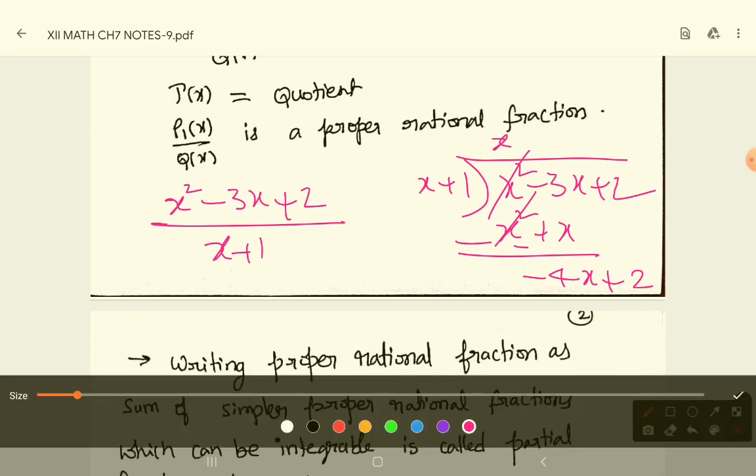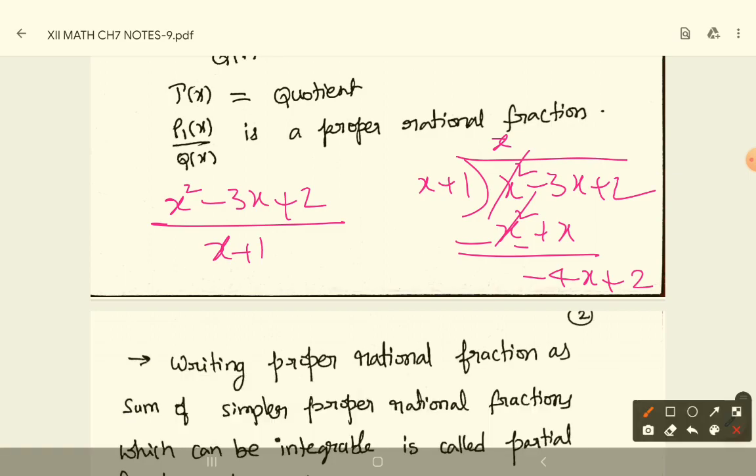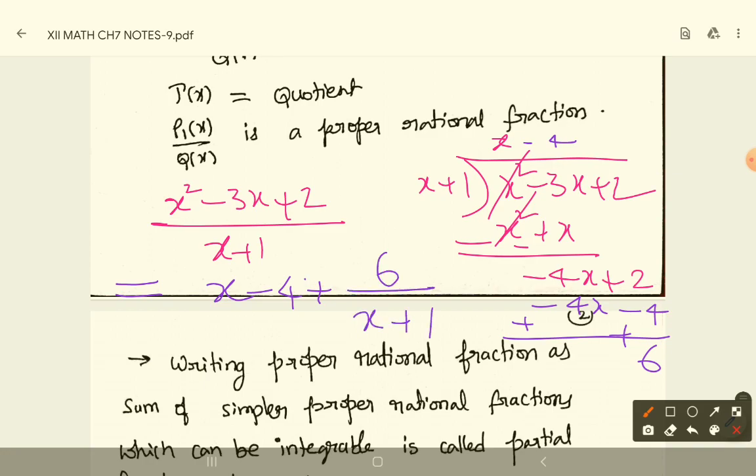Then minus 4x minus 4, then plus plus, and you get 6. Then you can write this as x minus 4 as the quotient plus 6 by x plus 1. So this is the polynomial, this is the proper rational fraction. Like that, every improper rational fraction can be expressed as the sum of a polynomial and a proper rational fraction.